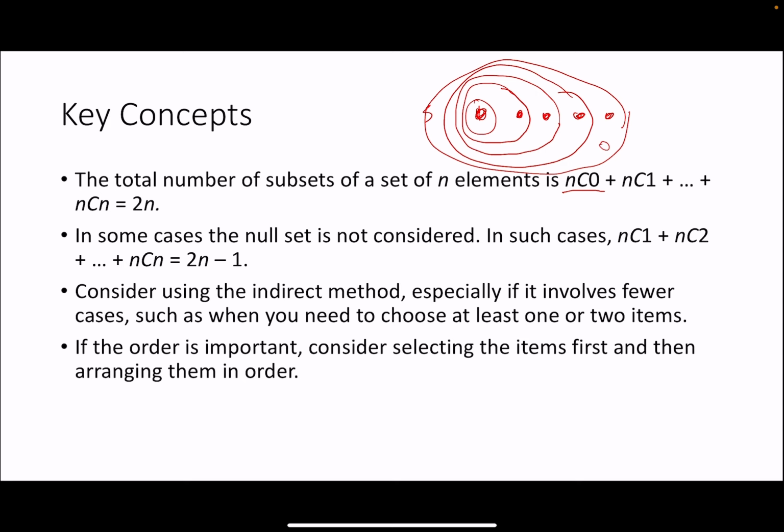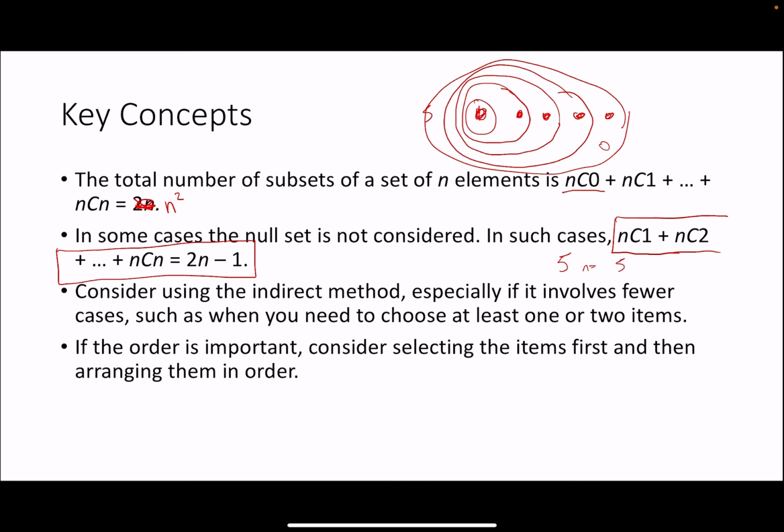So it's not 2n. In some cases, the null set is not considered. In such cases, we have n choose 1, n choose 2, and so on. Just like the salads, right? 5 different fruits. So n equals 5.